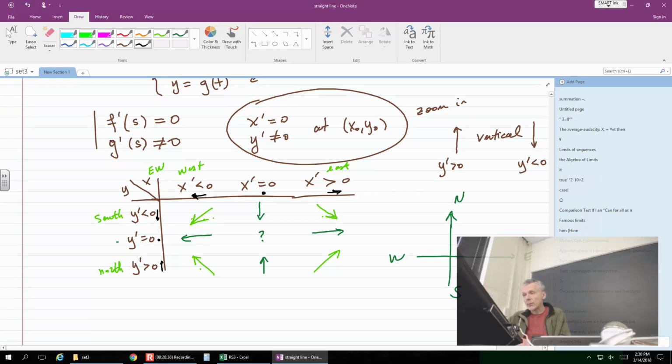So for example, top left, this is for y prime, and this is for x prime. If you combine these together, that's what you have. The actual motion is this. Okay, so that's called vector algebra.